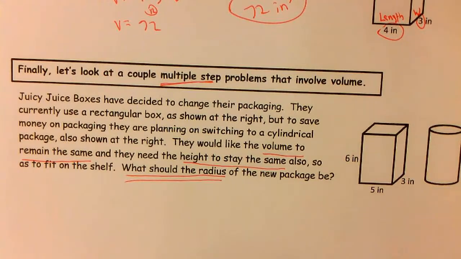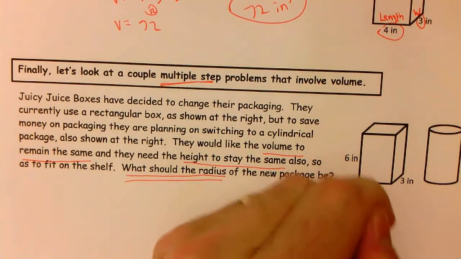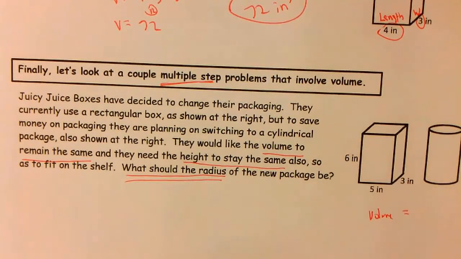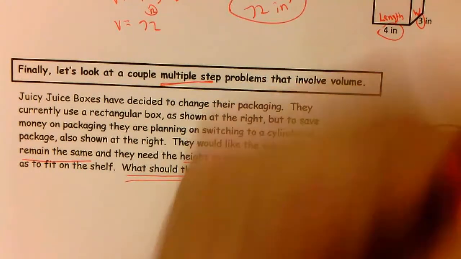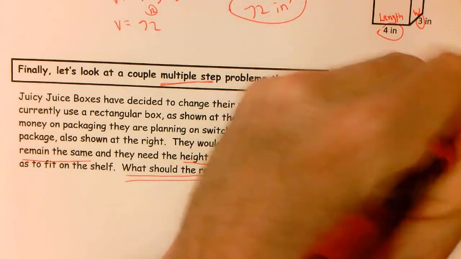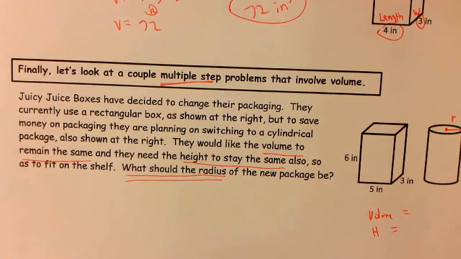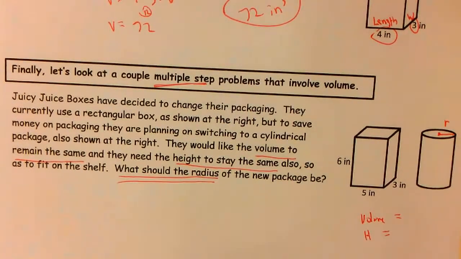All right. So the volumes need to be equal. The height needs to be equal. The question is, what should we make the new radius of this package so that the volume and height can be the same.